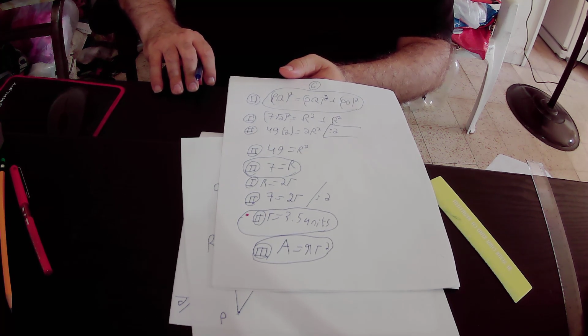So we can substitute the radius r by 3.5 units in order to find out the area of the yellow circle.